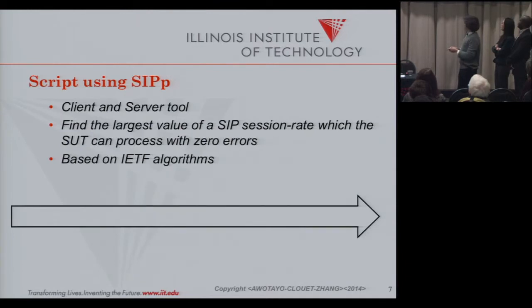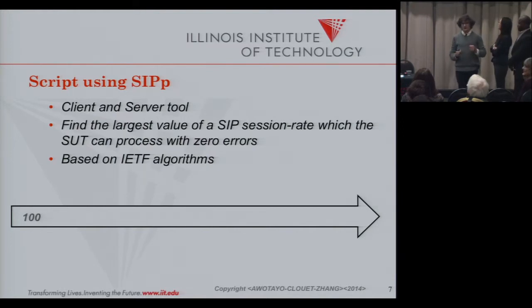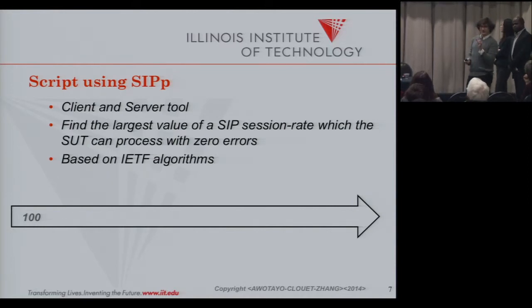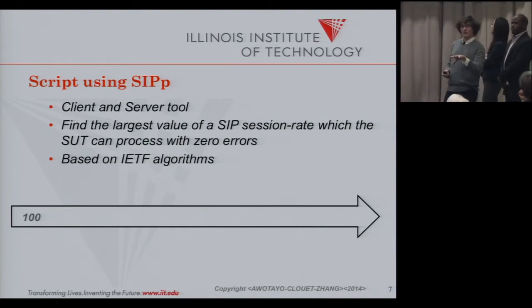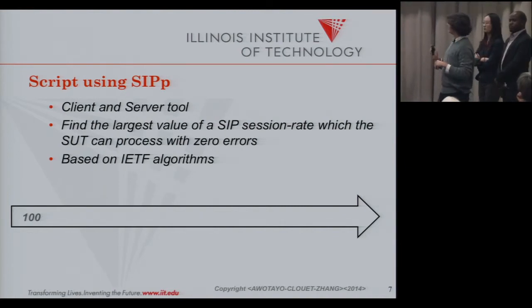So we made a little schema. I will try to be as clear as possible. When you start the script, you start with a value, for example 100 call rate, which is 100 calls per second sent from the client to the server. If there is no failure, we raise this call rate, in that case to 200, so we multiply by 2.